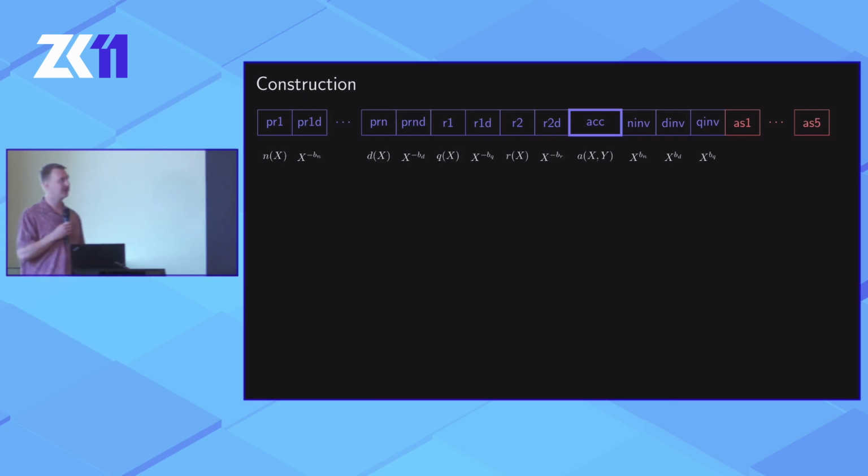So, for example, we have a numerator of degree at most bn, and this means that the degree tracker is x to the power minus bn. And we have a denominator, d, of degree at most bd, which means that the degree tracker is x to the minus bd. We store the remainder and the quotient similarly.